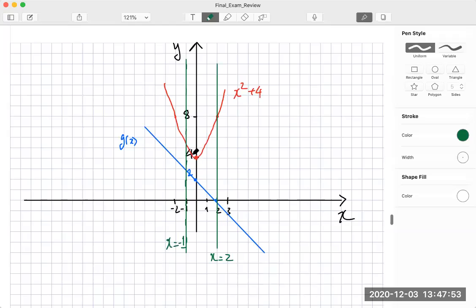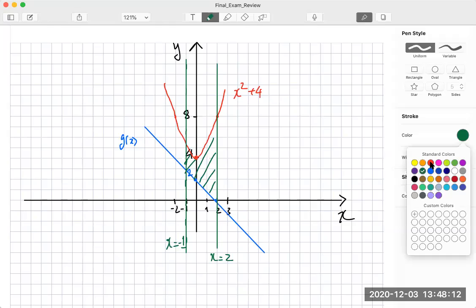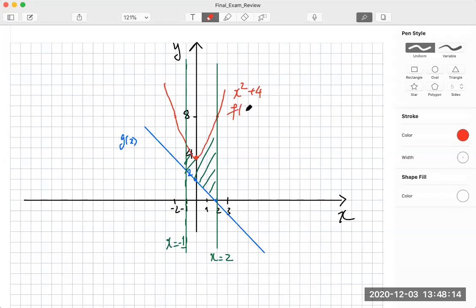Do you all see the area here? This is the area we're looking for. According to the graph, the function f of x is on top of the function g.